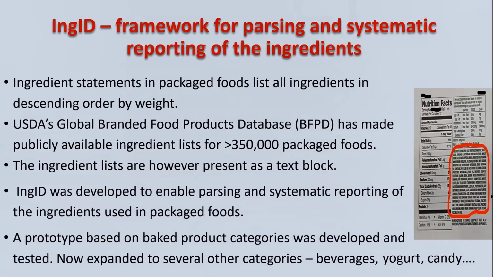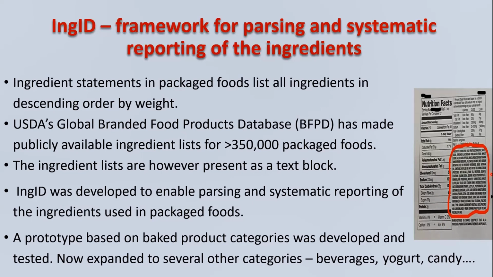As per FDA guidelines, ingredient statements in packaged foods list all ingredients in descending order by weight. USDA's Global Branded Food Products Database, or BFPD, now has made publicly available ingredient lists for over 350,000 packaged foods. The ingredient lists are however present as a text block.